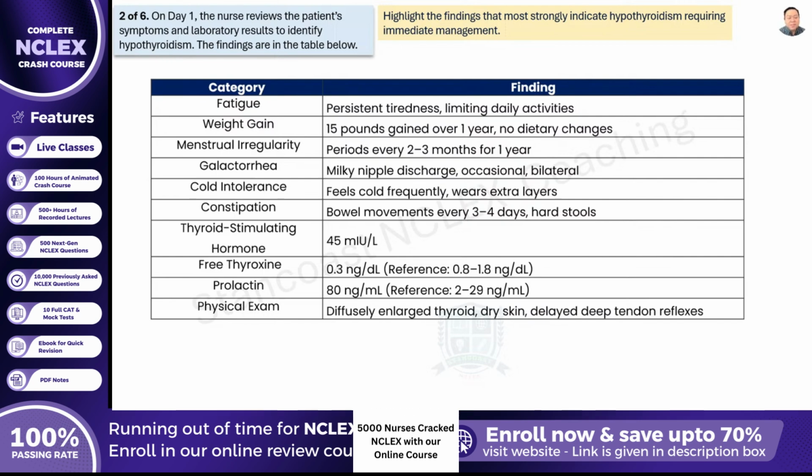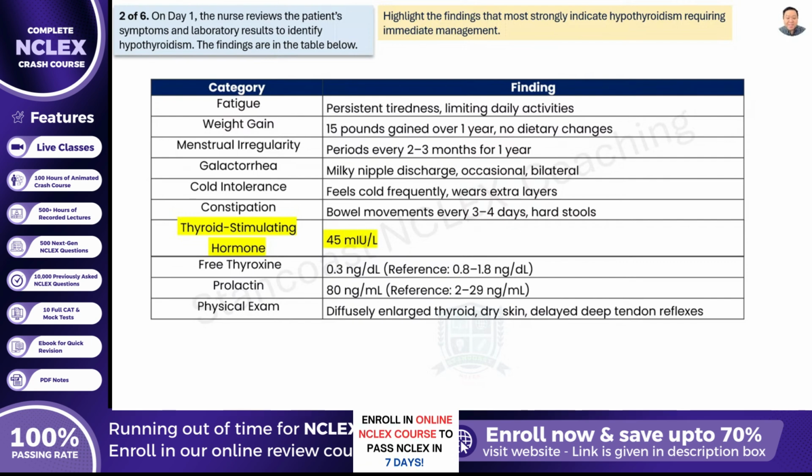So one of those is the TSH level of 45 milliunits per liter. This is the clearest laboratory marker of primary hypothyroidism, and this is a very high level that tells you that the pituitary is working too hard to stimulate the thyroid gland, but the thyroid gland is not responding.